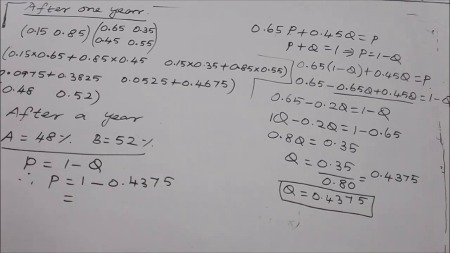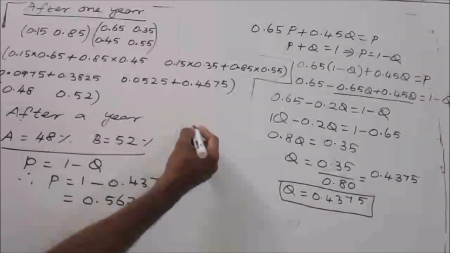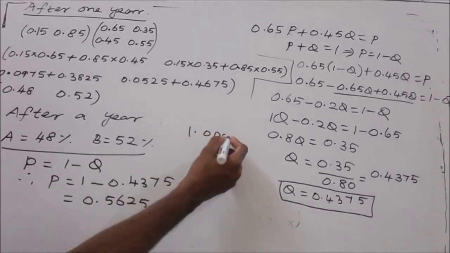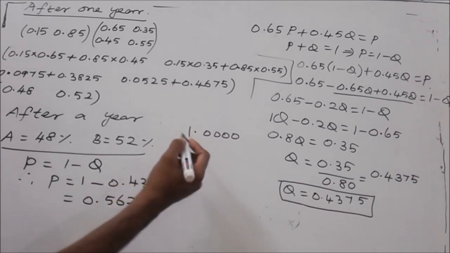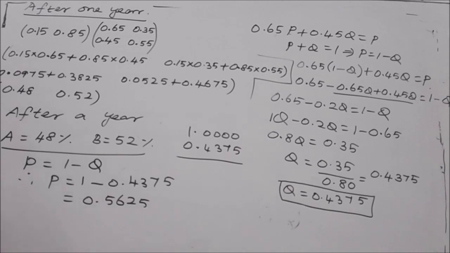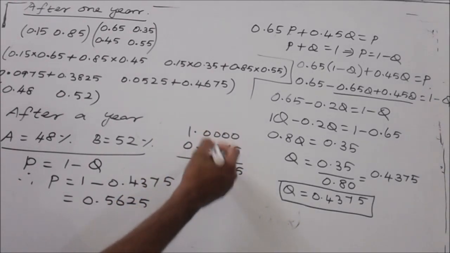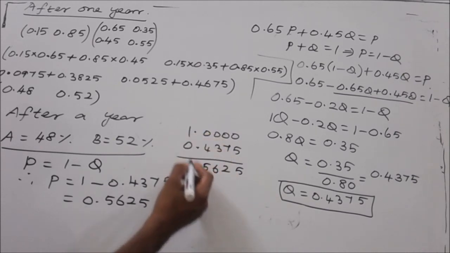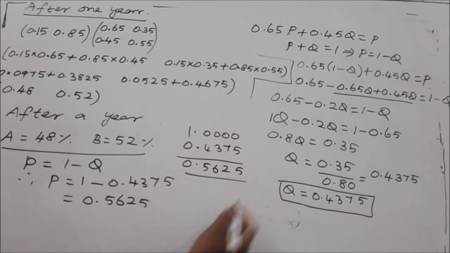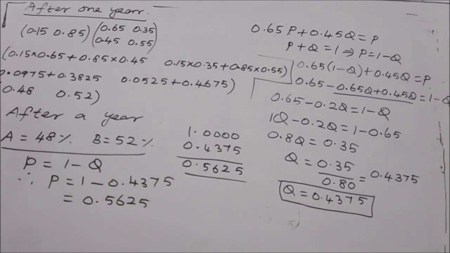Subtracting this, P equal to 0.5625. That is 1.0000 minus 0.4375, which will be equal to 0.5625. That is 1 minus 0.4375 equal to 0.5625.